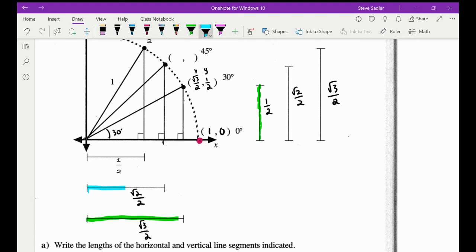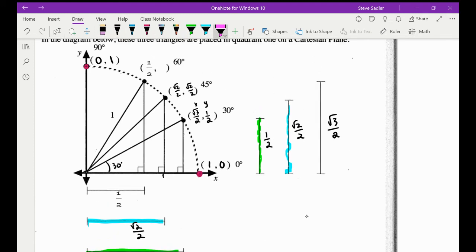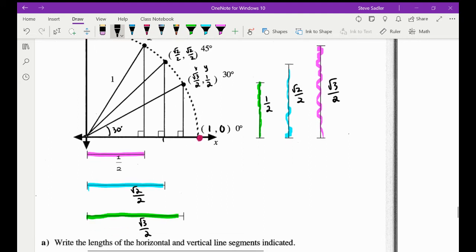We're using this one and that one. Sorry, we're not dividing them. So it's going to be root 2 over 2 and root 2 over 2. And last but not least, we are using this one and that one as our xy coordinate. We already have the x in there. The y becomes root 3 over 2.